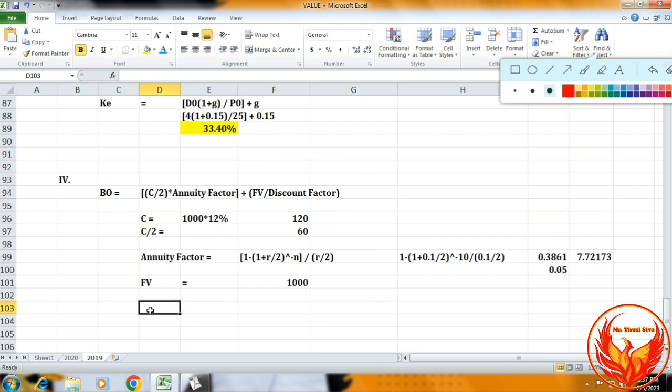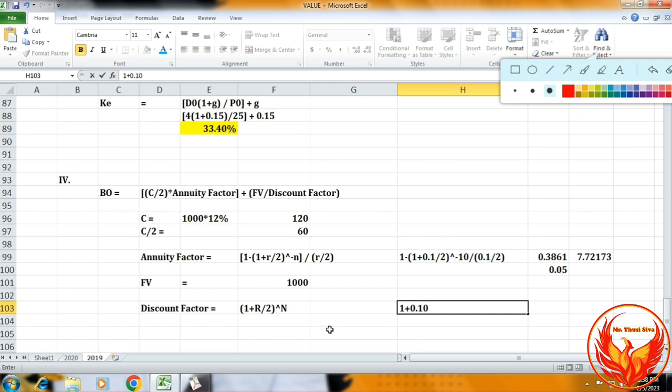Discount factor equals 1 plus R divided by 2, to the power N. Therefore 1 plus 0.10 divided by 2, to the power 10.